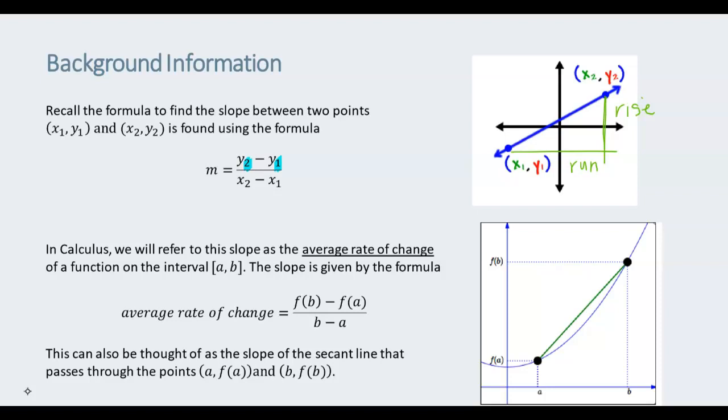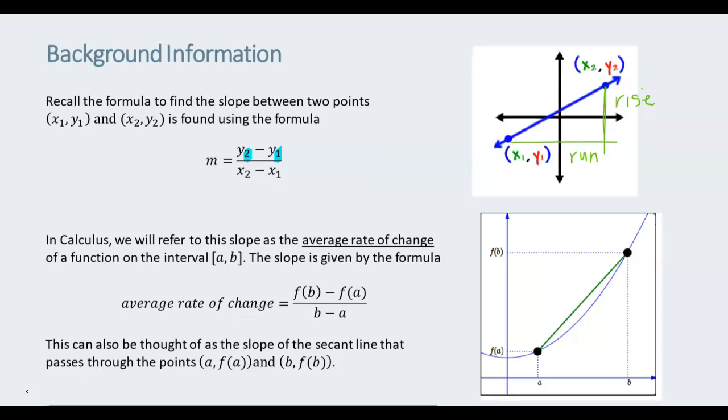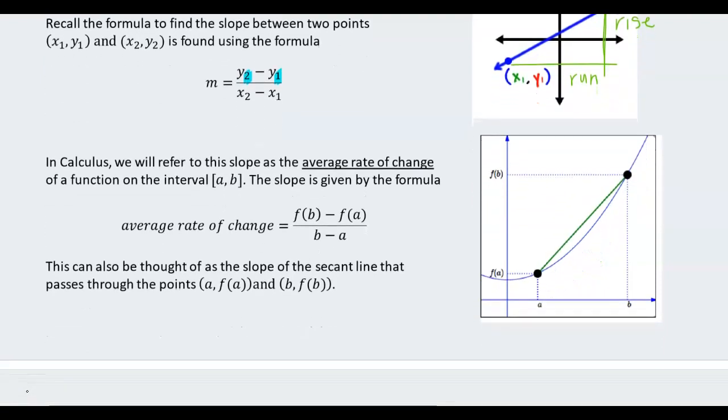That algebra is extending itself into calculus now because we're going to start talking about what's called a secant line. The secant line is one that connects two points together. The line is right here, and you can see that it is connecting two points that are on the curve in this particular case. A and B are two numbers that have been plugged into the function, and when we plug them in, we have their output values.